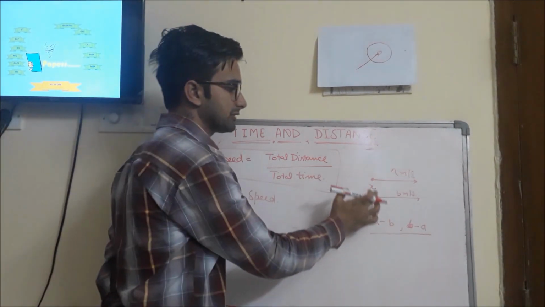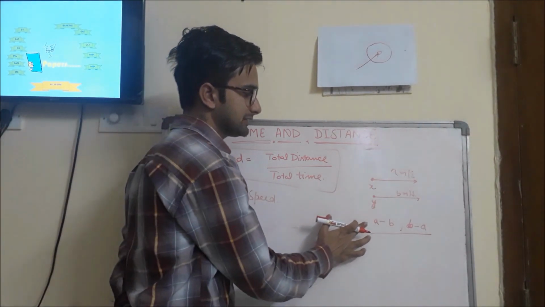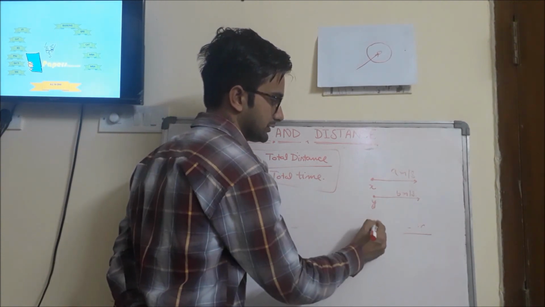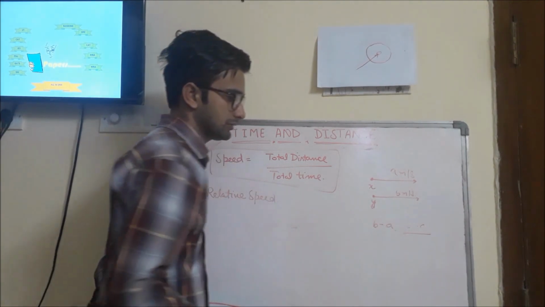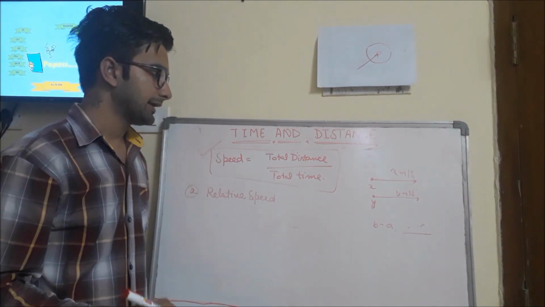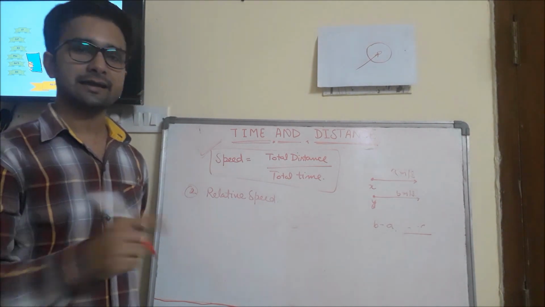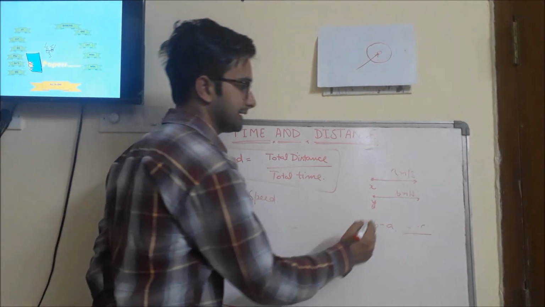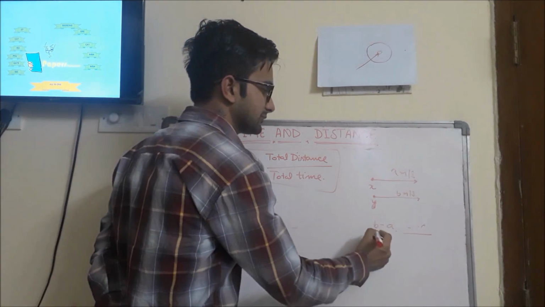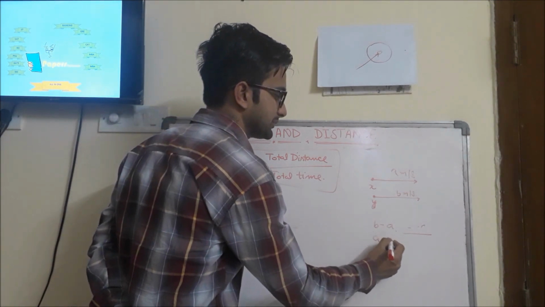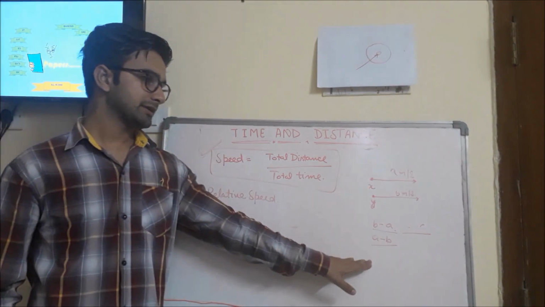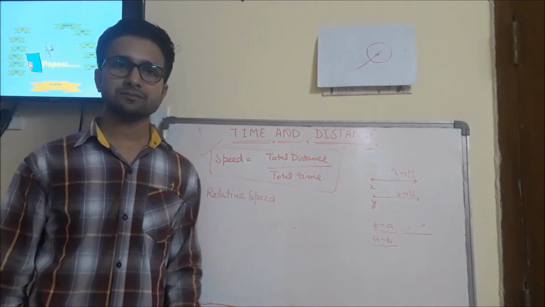So if x is looking at y, he will see that y is moving with b minus a speed. And if y is looking at x, he will find that x is moving with a minus b speed. The same concept of relativity will apply in all the formulas.